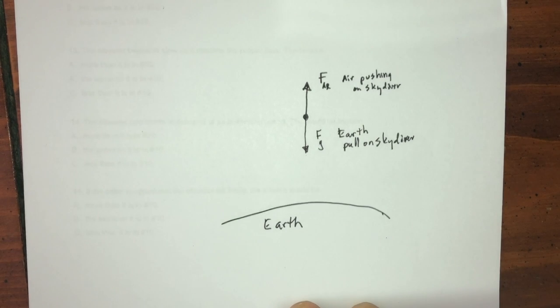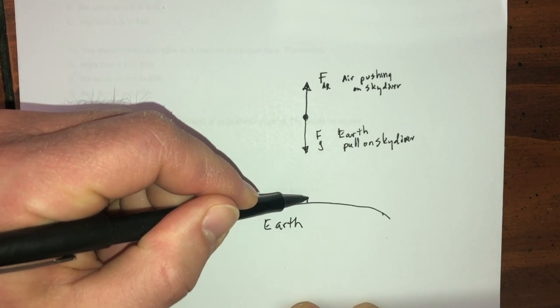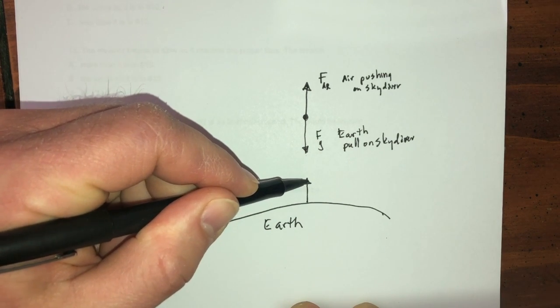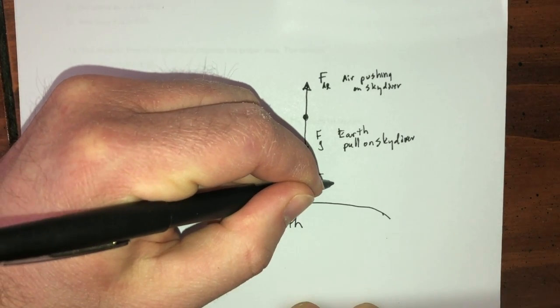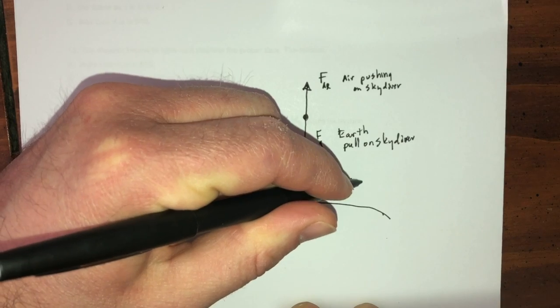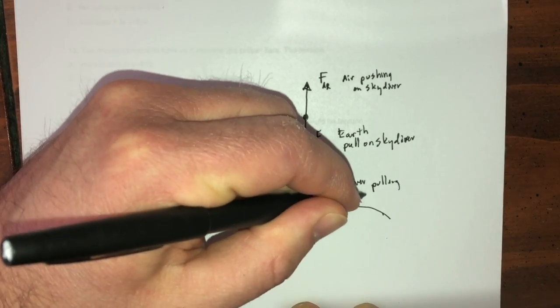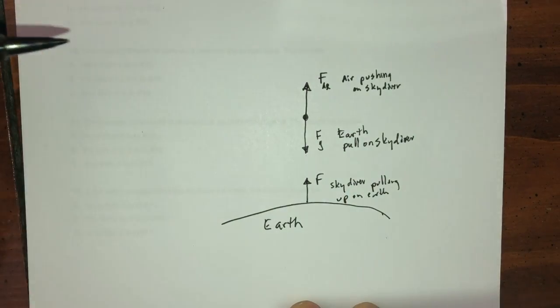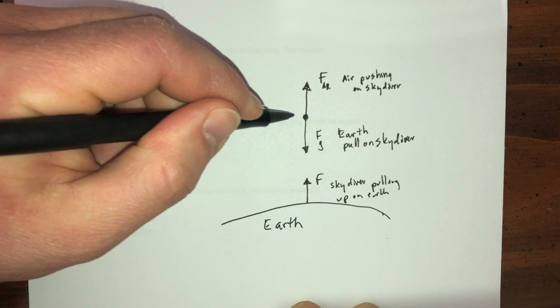All right, so are these the only two forces acting here? No. The skydiver is also pulling up on the Earth. And the skydiver is also pushing on air molecules.